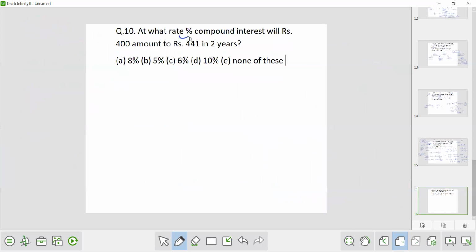Again, at what rate percent compound interest will 400 amount to rupees 441 in 2 years? Here again the principal is 400, amount is 441, so compound interest is 41. So this 41 is how much percent of this 400?